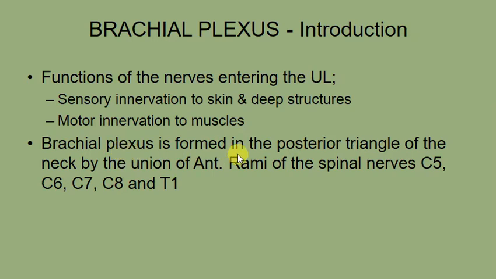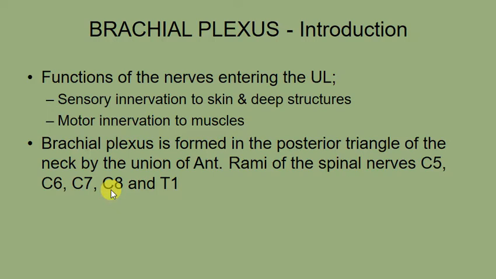Now the brachial plexus is formed in the posterior triangle of the neck. We'll study the triangles of the neck when we study the head and neck. But what you need to know here is that the brachial plexus is formed in the posterior triangle of the neck by the union of the anterior rami of the spinal nerves from C5 to T1.